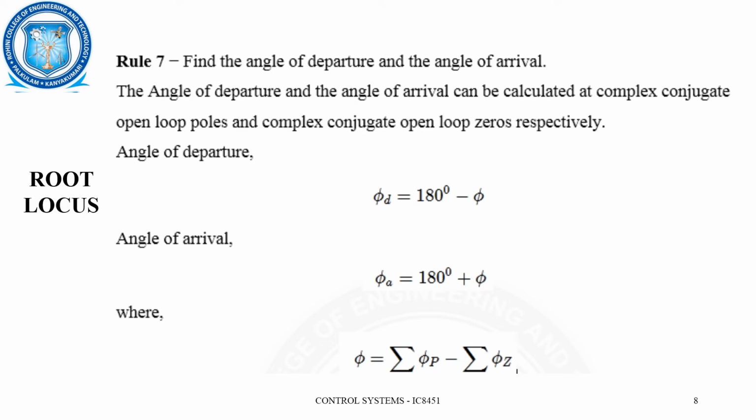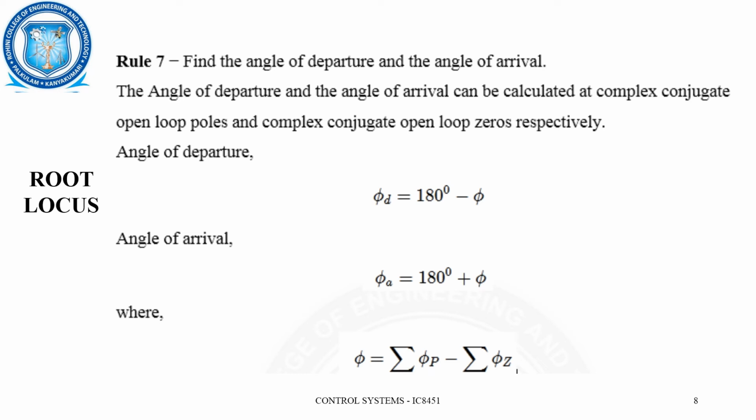Suppose there are complex conjugate poles and zeros. What does the root locus starting from a complex conjugate pole do? How will it go? At that point, it requires an angle of departure: the angle at which it has to leave, and then travel along the direction of the asymptotes.